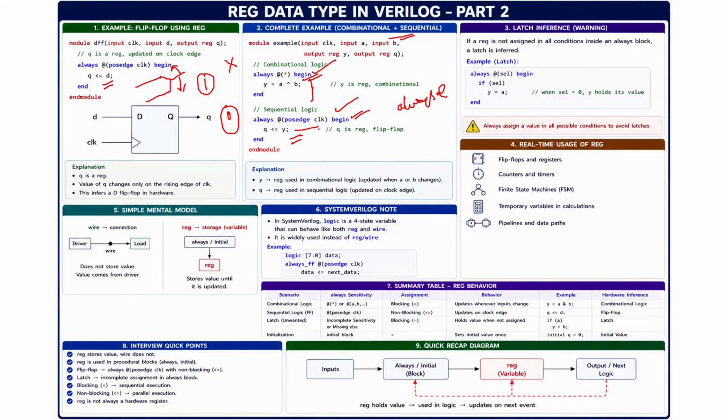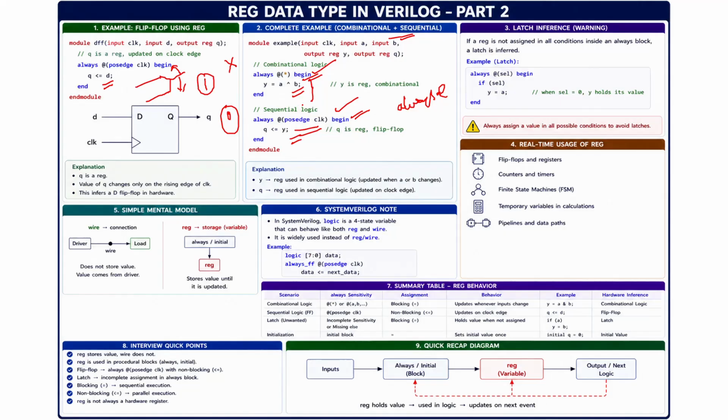So don't use multiple always begin blocks for combinational or sequential. If you are writing combinational logic, in one always at the rate star only you can write all the combinational circuits. For an AND gate one combinational circuit, for an XOR gate one combinational circuit, and for an OR gate another, writing them separately will not be allowed.